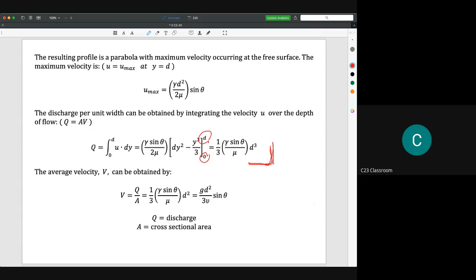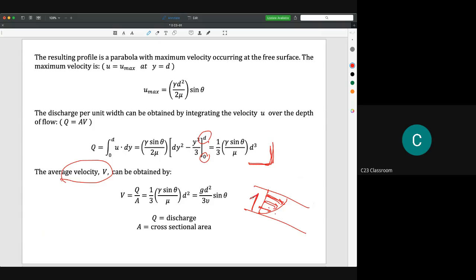And then we also can get the average velocity. The average velocity means that, okay, we know that the velocity distribution is like that. So it is not easy for us to do the calculation if we need to change the velocity every time according to the height.